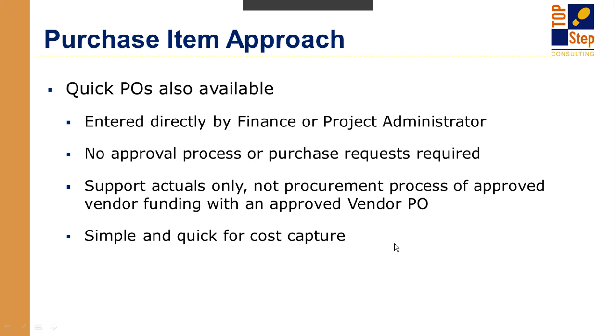And then you can cost capture that. It only supports the actuals on your project. Because this doesn't go through the workflow, you don't see a procurement process, you don't see approved funding, an approved PO, etc. It's just there wasn't a PO, now there is.